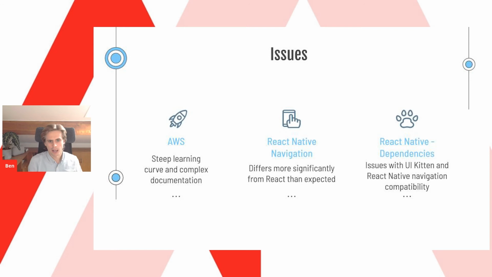In terms of the back-end side of things, using AWS, we found there was a very steep learning curve setting that up, which I know some of the other groups have alluded to so far today. There are so many platforms and tools available, and the documentation is so detailed that although I'm sure that's really helpful as you become more familiar with AWS, it's not very new user friendly.